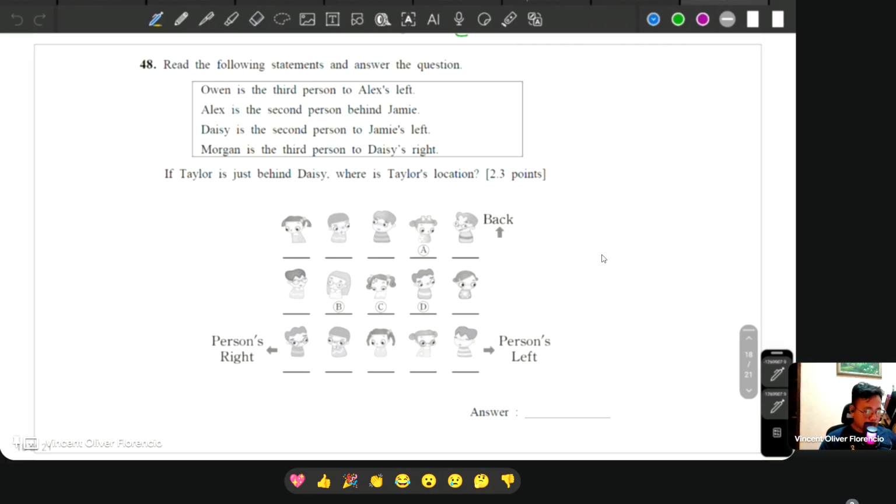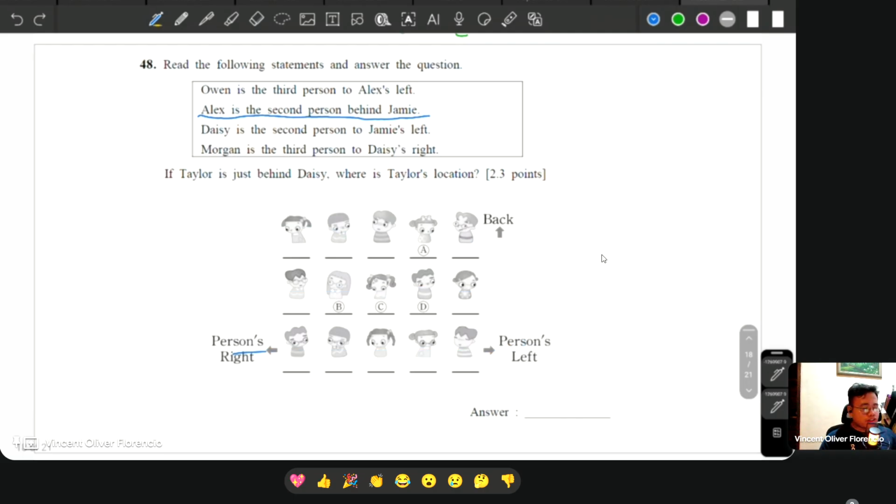The one that gave me the idea of their positioning is the second statement. It says there that Alex is the second person behind Jamie. There are only 3 rows here.